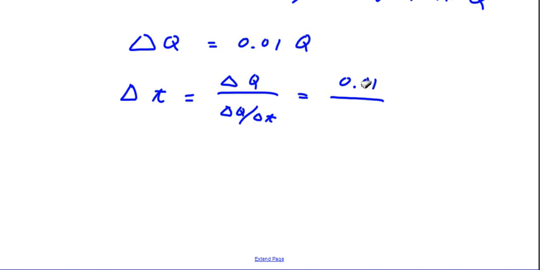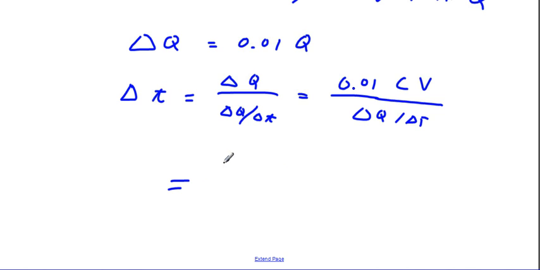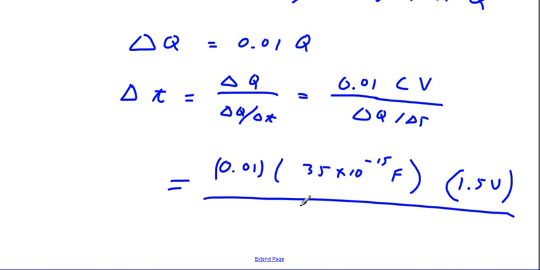Alright, so I'm going to have a change of 0.01, and I'm going to divide that by the, well, I'm not going to do that yet. So that's going to be 0.01 capacitance times voltage would be my Q, change in Q, change in t, and now I've got 0.01 times the capacitance, 35 times 10 to the minus 15 farads, 1.5 volts, divided by the rate of change, 0.30 times 10 to the minus 15 coulombs per second.